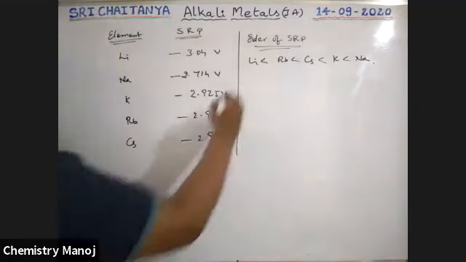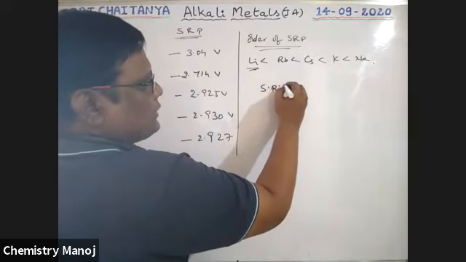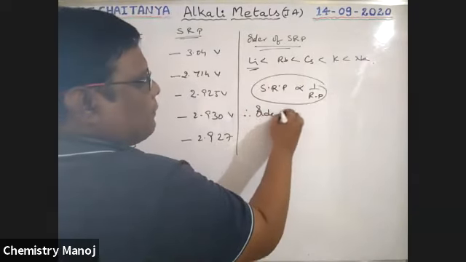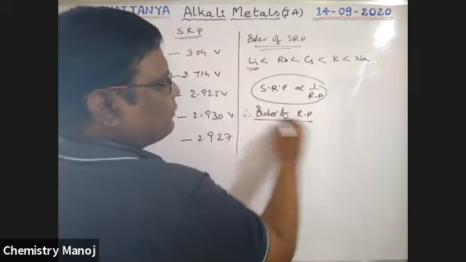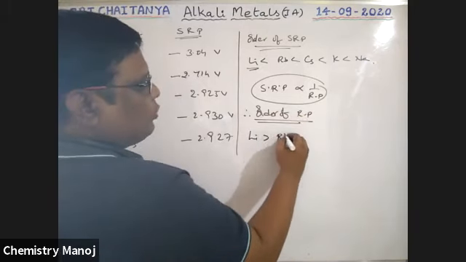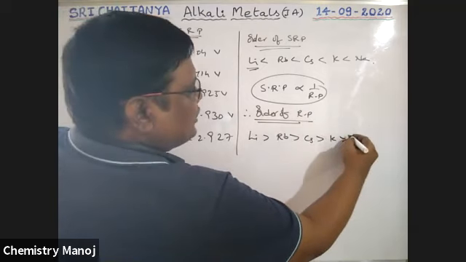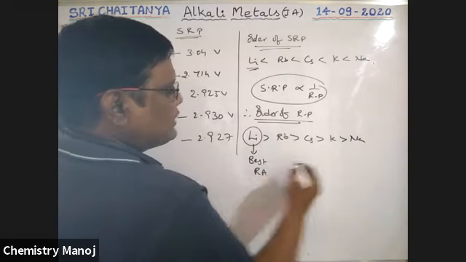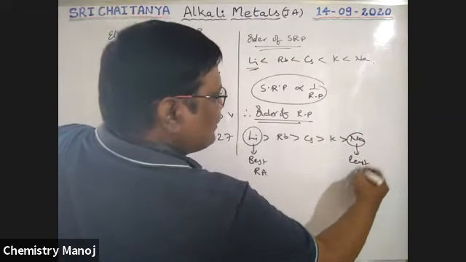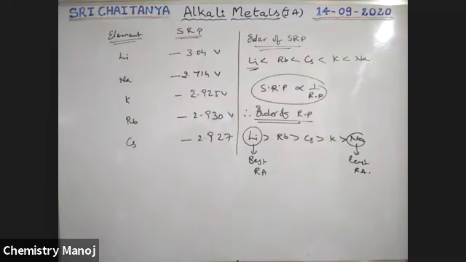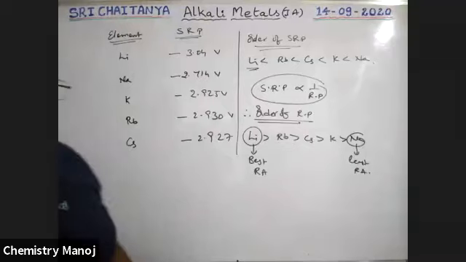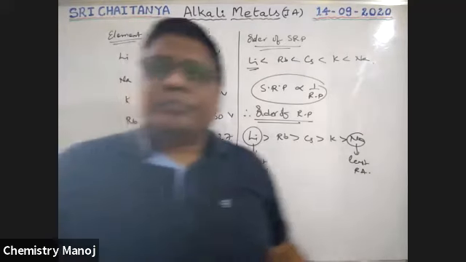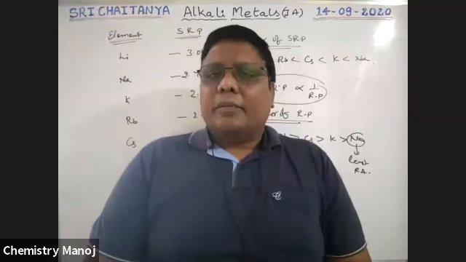Because SRP is inversely proportional to reducing property, the order of reducing power is lithium greater than rubidium greater than cesium greater than potassium greater than sodium. Therefore, in alkali metals, lithium is the best reducing agent and sodium is the least reducing agent, boys. So the reducing property is highest for lithium in aqueous solutions.